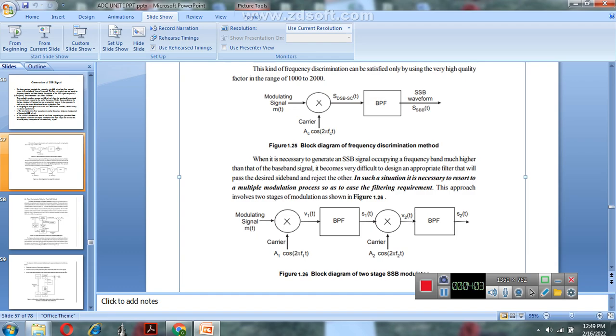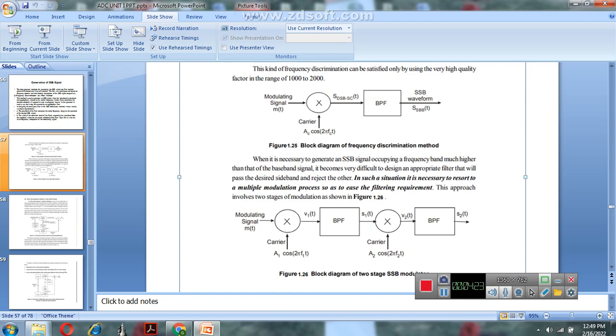In the first stage there is only one multiplier and band pass filter. The first stage requires a high frequency, so it is very difficult to design the filter and produce the sideband signal. Then we go for the next method, that is the two-stage SSB modulator.